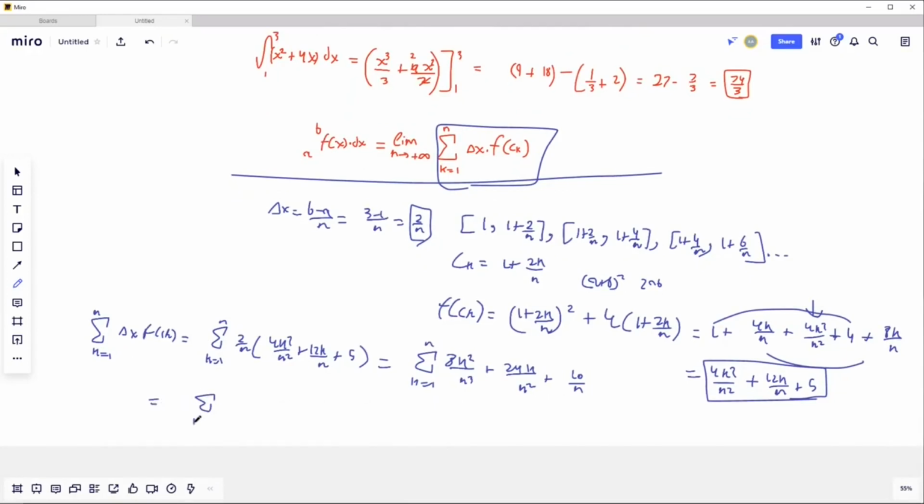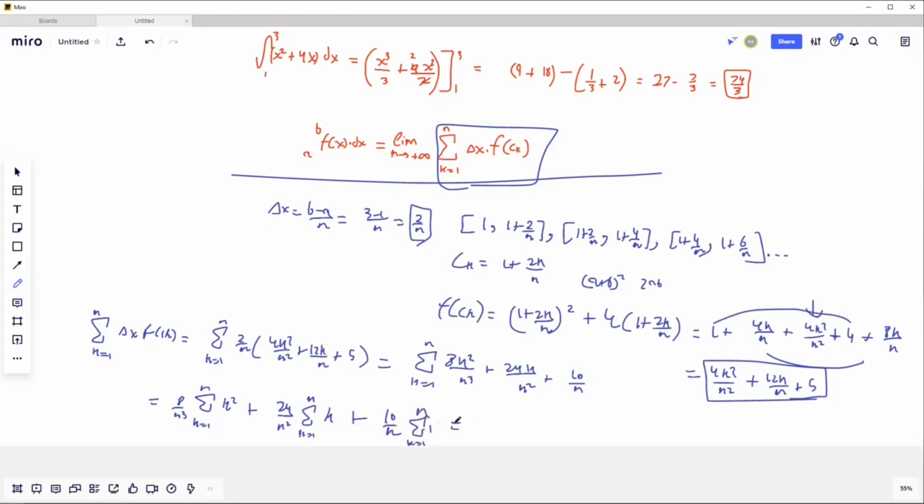If you split the summations, you end up with the summation from k equals 1 to n of 8 outside, n over n cubed outside, you're left with k squared, and then you know your rules with k and all that. Plus 24 over n squared, summation of k from 1 to n of k, plus 10 over n, summation of 1 from 1 to n.